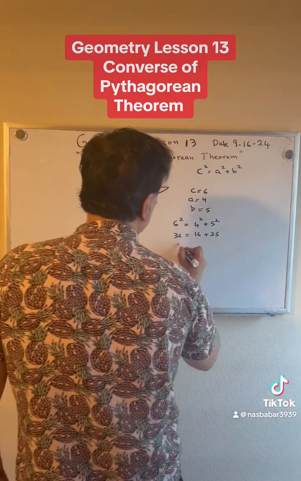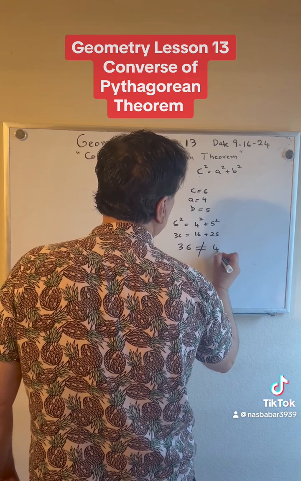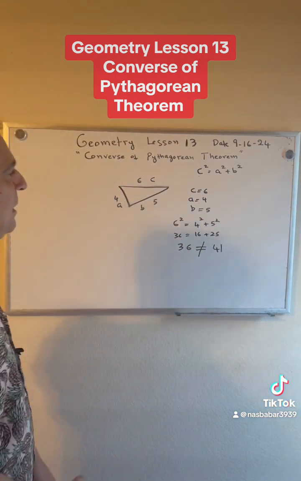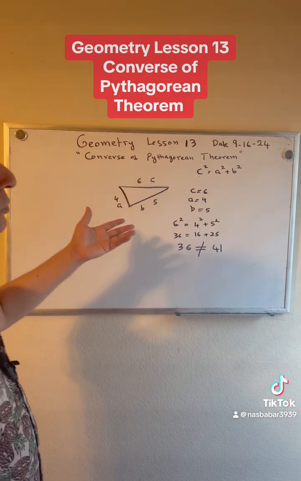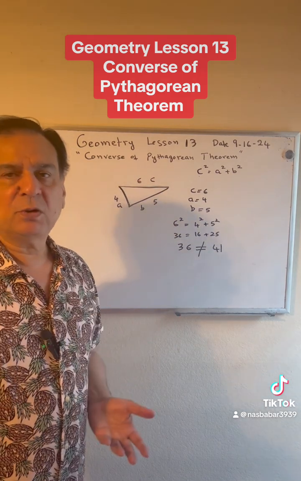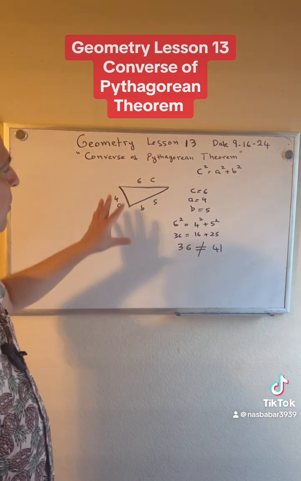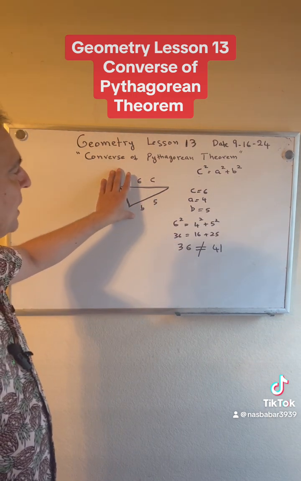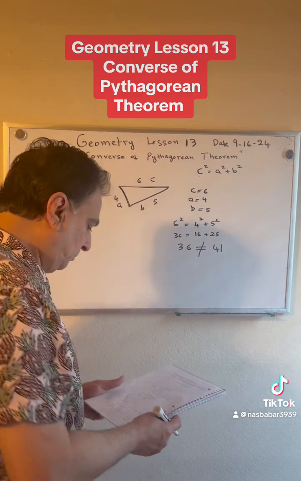So 36 is not equal to 41. What does that mean? That means this is not a right angle triangle. It could be an obtuse triangle, it could be an acute triangle, I don't know that. But what we have been asked is to find out if this is a right angle triangle or not, and we just proved that it's not.